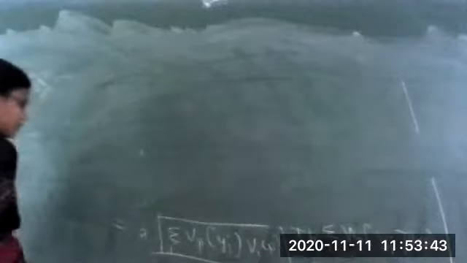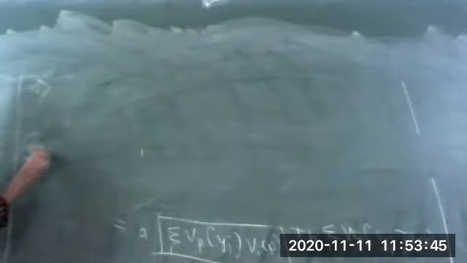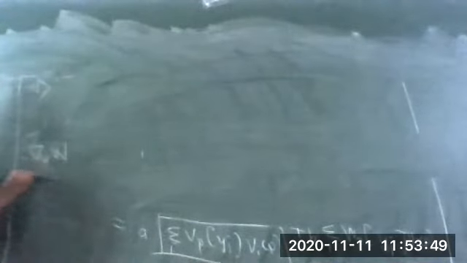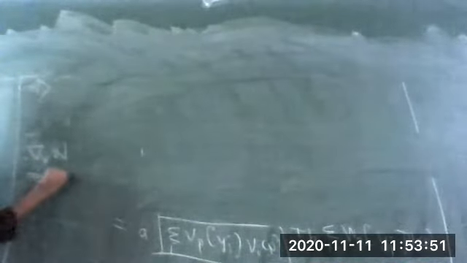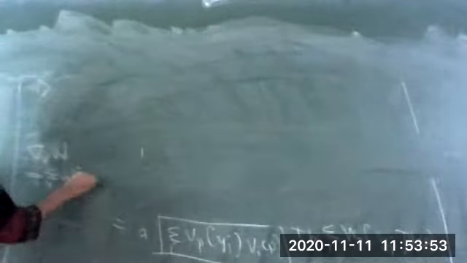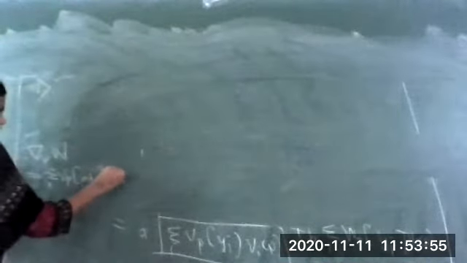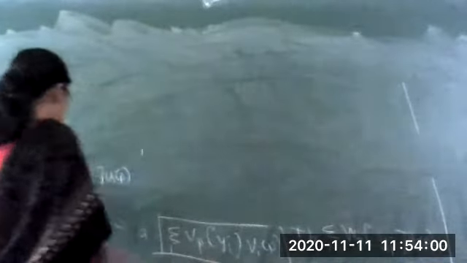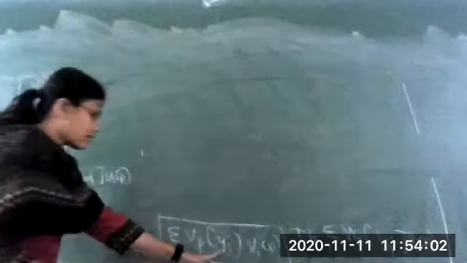So let me write down this. Just now we have proved one theorem, no? The covariant derivative of W with respect to a tangent vector V is nothing but summation over i VP Wi Ui at a point P. So instead of this we have vector field Y, instead of Wi we have Yi.